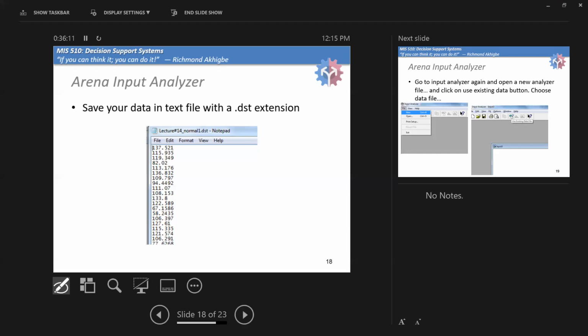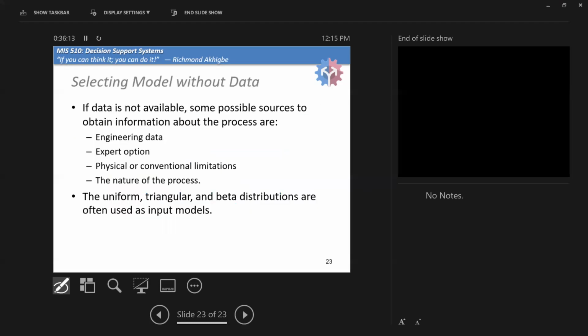Okay, so that's it for today. Hopefully you're able to collect this data well and early, so that next week we are able to bring Arena here. Today is Wednesday.